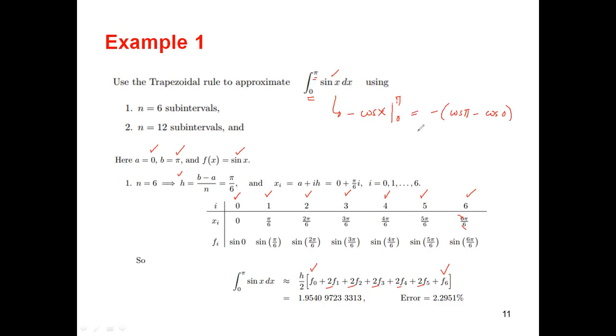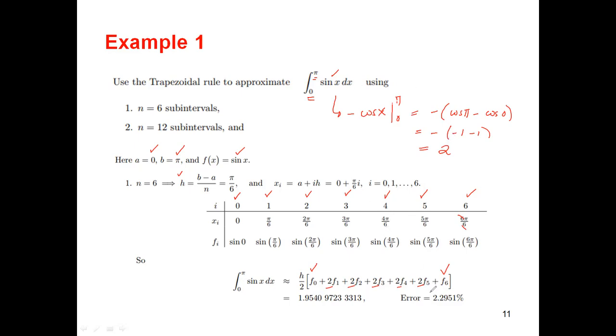The negative of the cosine of pi is negative 1, and the cosine of 0 is 1. So this is negative 2, and your answer is actually 2. This is the actual correct value for this integral.